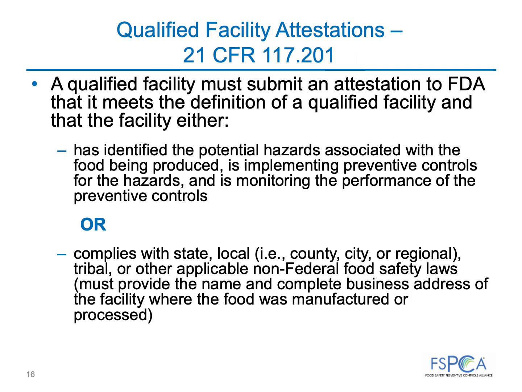A qualified facility must submit the following attestations to FDA as outlined in Subpart D, Section 117.201. An attestation that the facility is a qualified facility as defined in Section 117.3. For the purpose of determining whether a facility satisfies the definition of qualified facility, the baseline year for calculating the adjustment for inflation is 2011, see QR code next to slide 7.